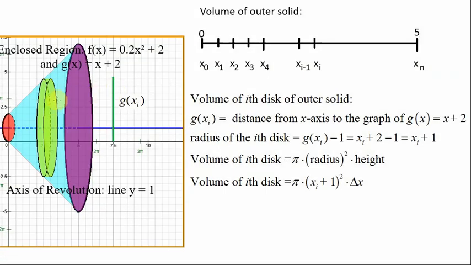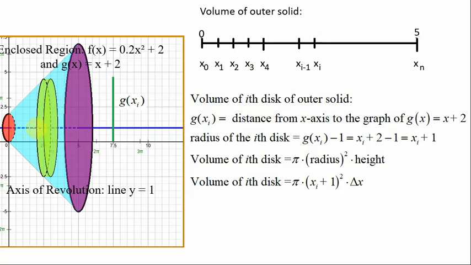And so to find the volume of this outer solid of revolution, just like before, what we would do is divide the solid of revolution into many slices or many disks. And this is one of the disks. And so this is the ith disk, and it comes from this subinterval right here.